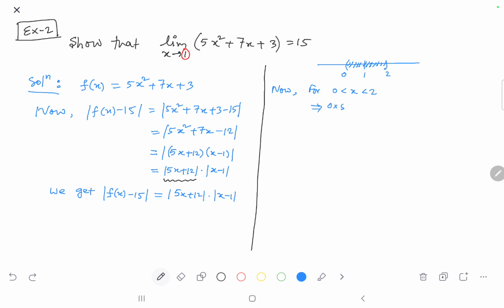So we multiply both sides by 5. We get 0 less than 5x less than 10. So 0 plus 12 less than 5x plus 12 less than 10 plus 12. So what should we get? 12 less than 5x plus 12 less than 22. Mayan, is it clear?